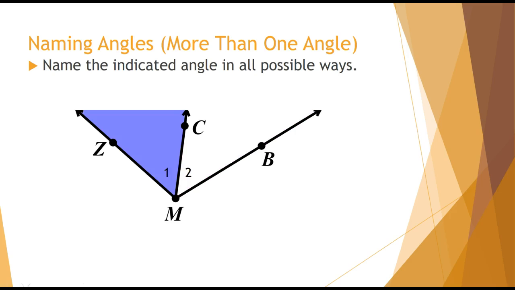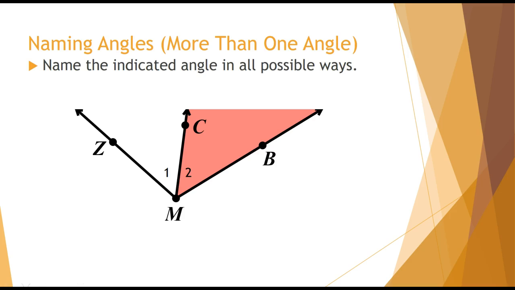How would you name the left side angle? In this case, we have 3 choices because there is a number already there. So ZMC, CMZ, or you could refer to it as angle 1.